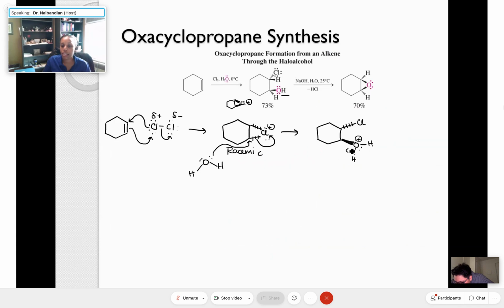It's pulling away electron density, partial positive here, partial negative also on that oxygen. So we pull away electron density. So I can say minus a proton, and we end up with this as our product. This is just after the first step. This is our full mechanism for the first step. So in the second step, I'll just redraw that product because I want to show that bond to hydrogen.